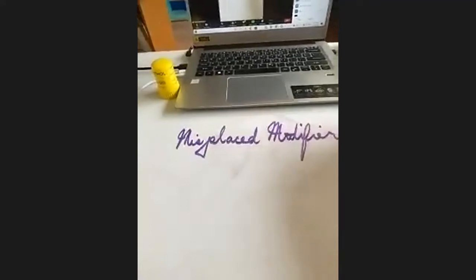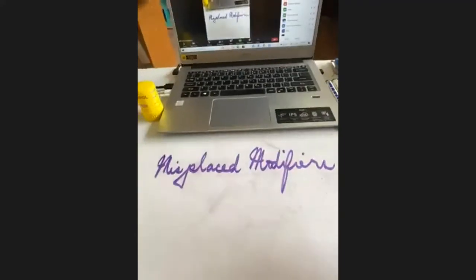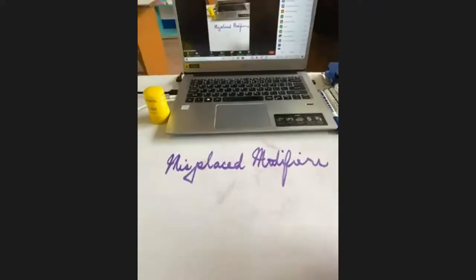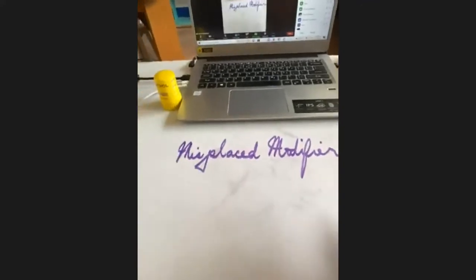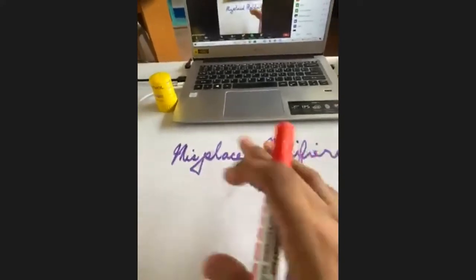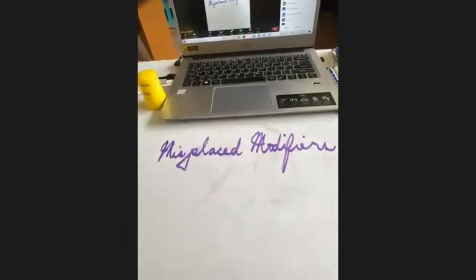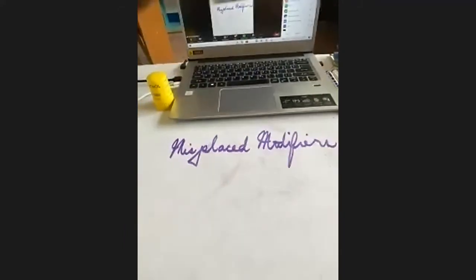So let's have an example. The only solution, by the way, for misplaced modifiers, the most practical solution that you should do, is to move that modifier close to the word that it is trying to modify. As simple as that.